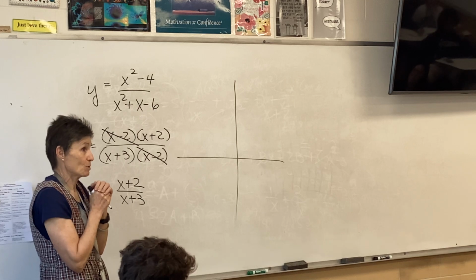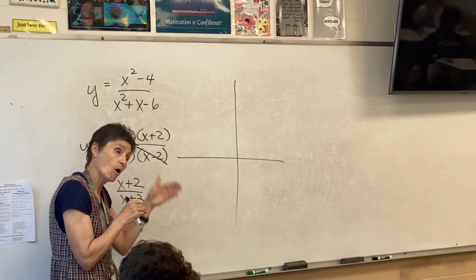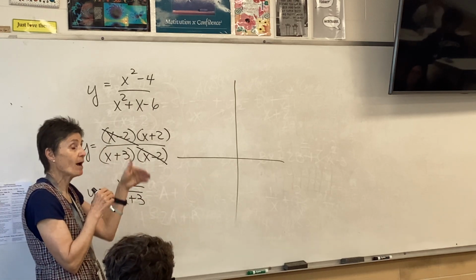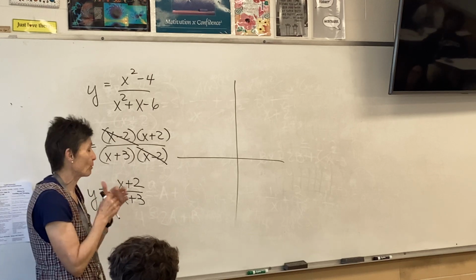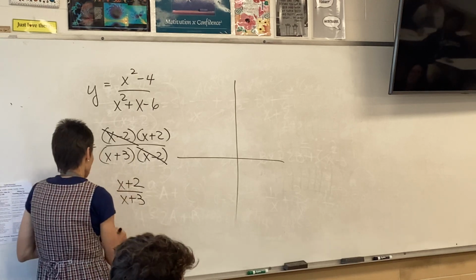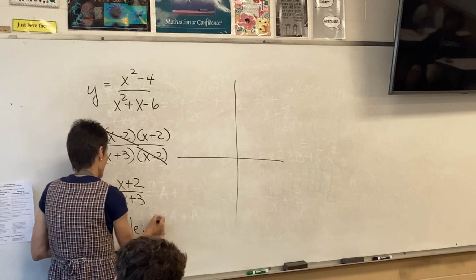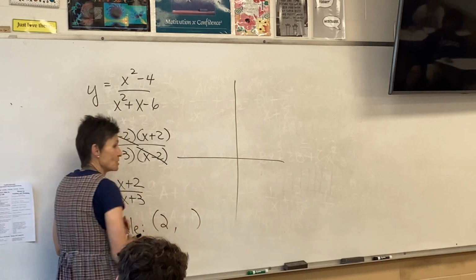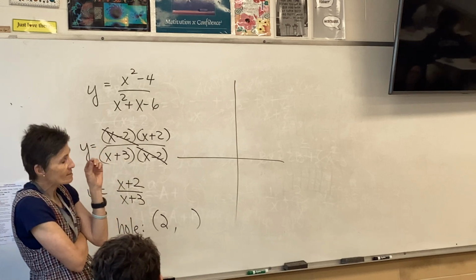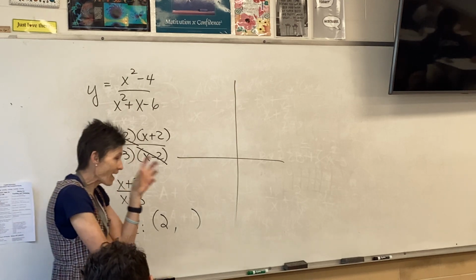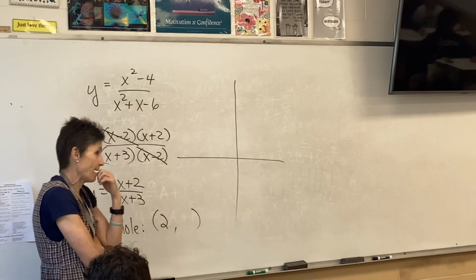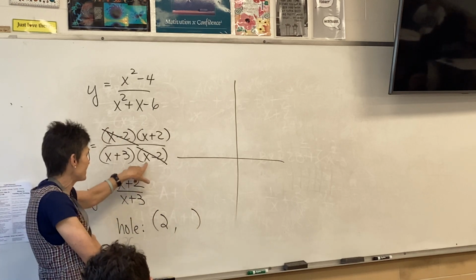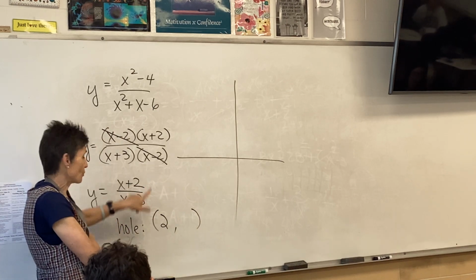It's like an asymptote, not quite as hard as an asymptote, which is a non-removable discontinuity, but it breaks the picture. So we're gonna have a hole in our picture at the point where x is 2, because that is the factor that got canceled out. 2 would make this 0. So your hole is there.